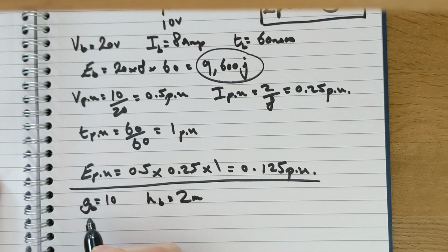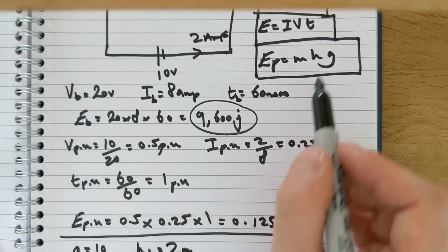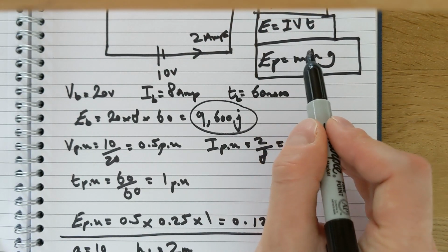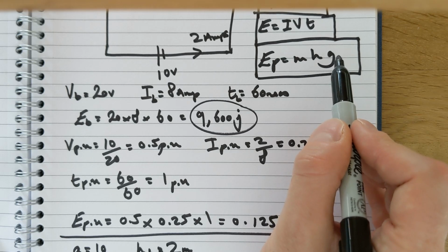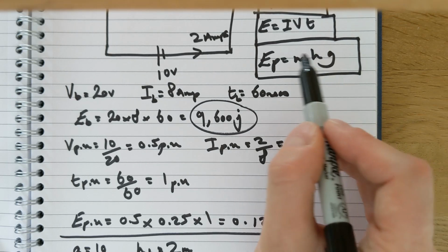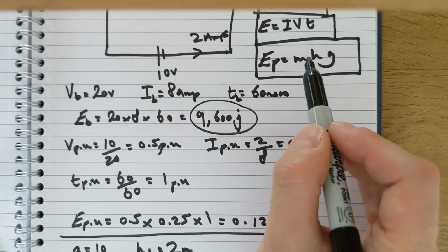That will mean then we have to calculate our mass base. So we just rearrange this equation. We know our height base, we know our gravity base. Well, we made them up and we inherited the energy base from the last equation.